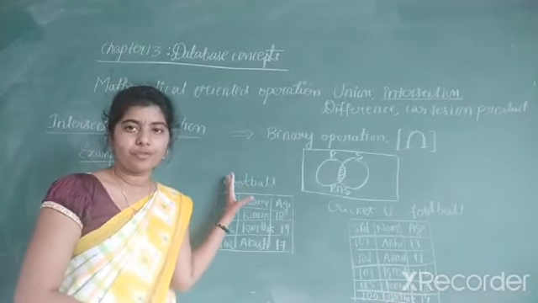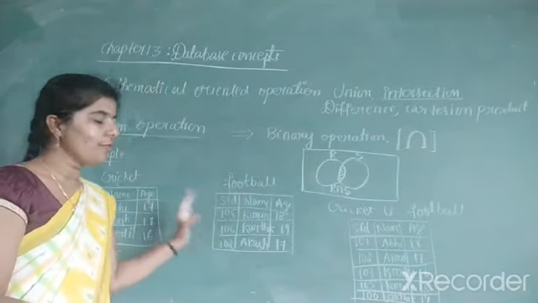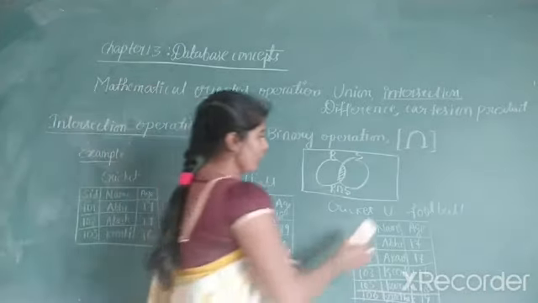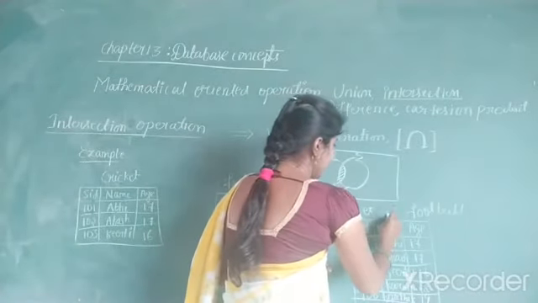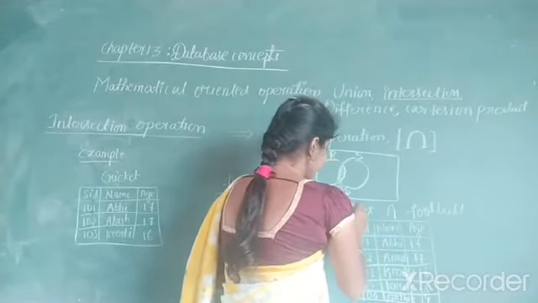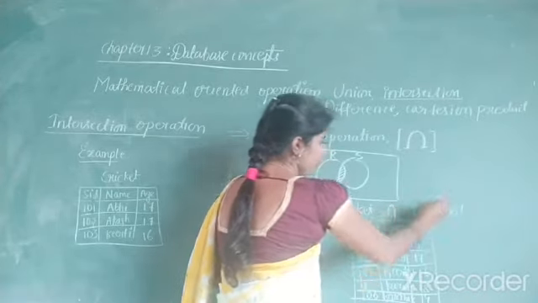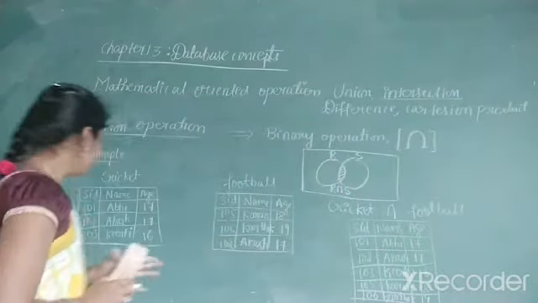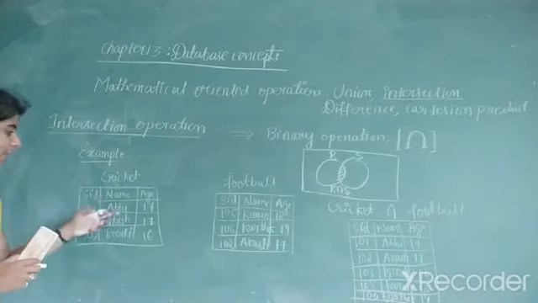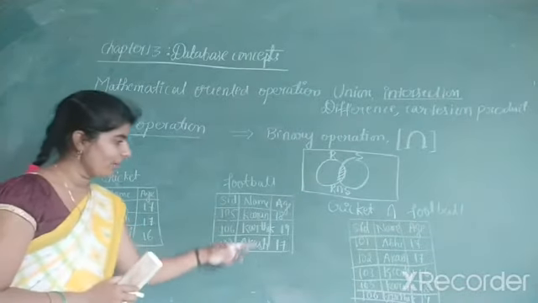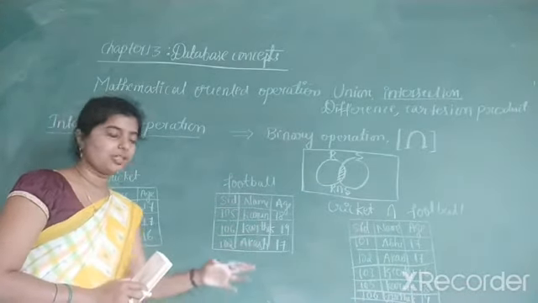If you want to perform the intersection of these two relations, you can easily do it. Cricket intersection football. Now observe here, 101 Abhi 70. Is there 101 Abhi 70 here? No, it is not selected.